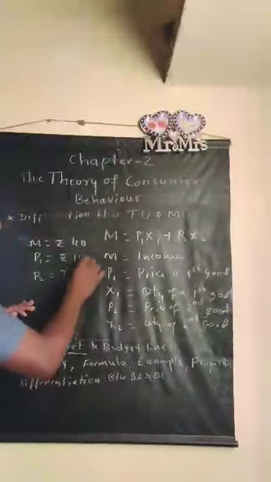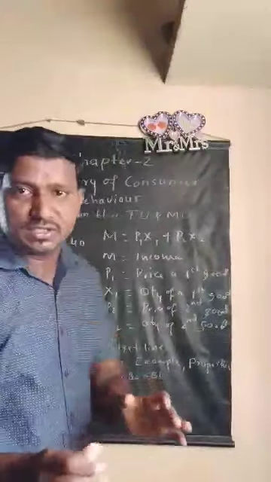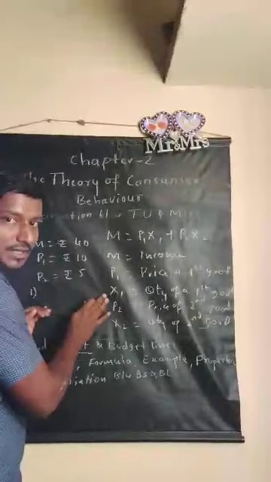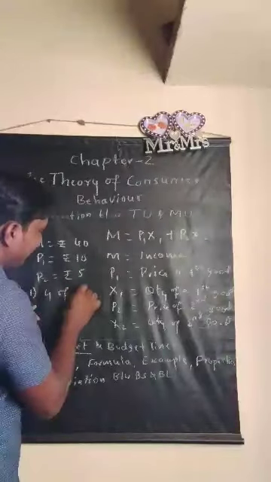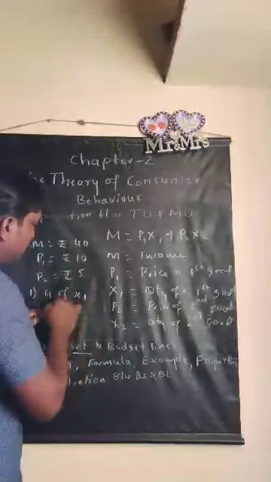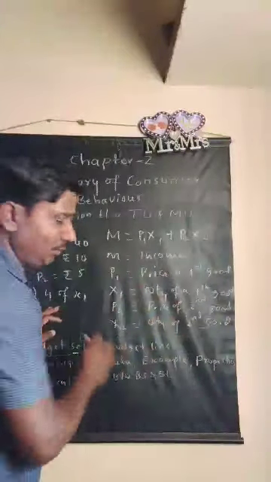If we go with the first option, I may purchase only X1. How can I purchase? Out of this I may purchase 4 of X1. 4 of X1 means 10 into 4 equals 40. I may purchase only X1. This is one combination, one option.